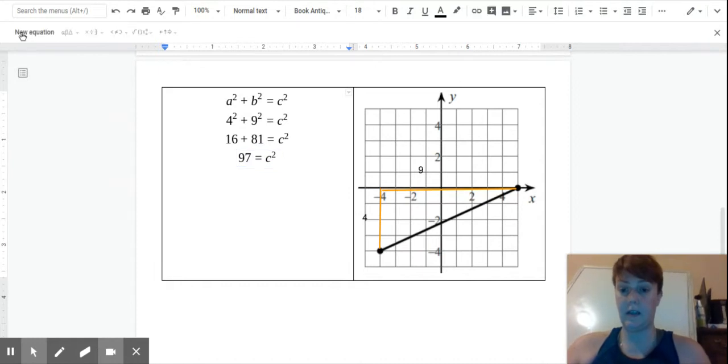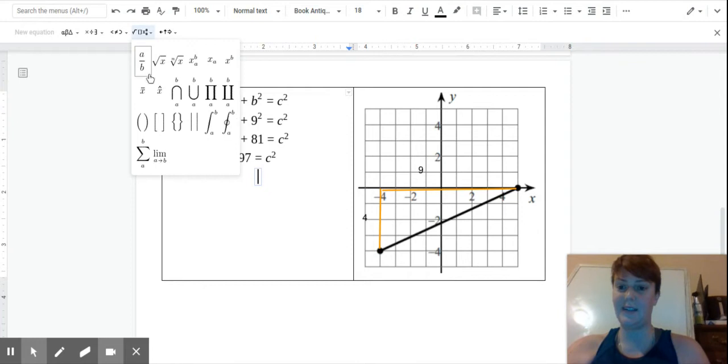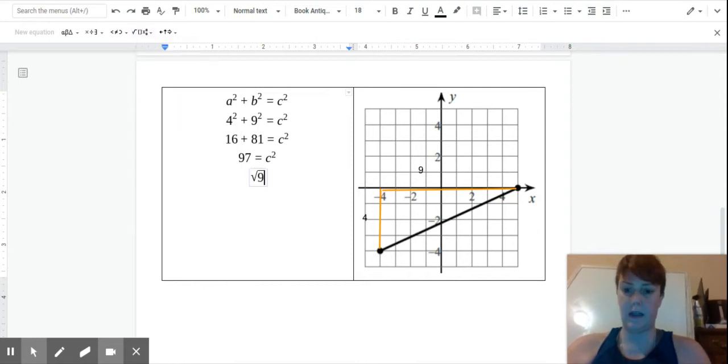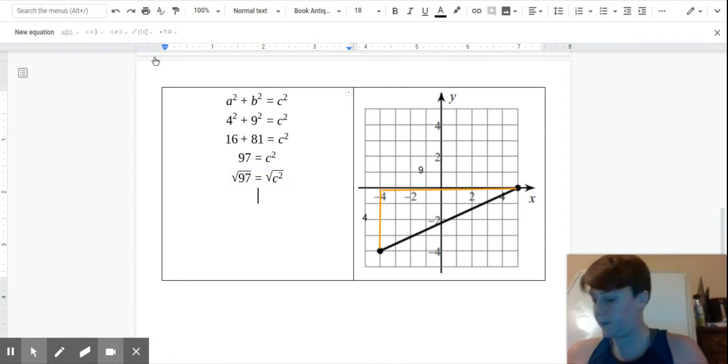And then I want to take the square root of both sides. And so this is where we get really fancy. So the square root of 97 is the same as the square root of c squared.